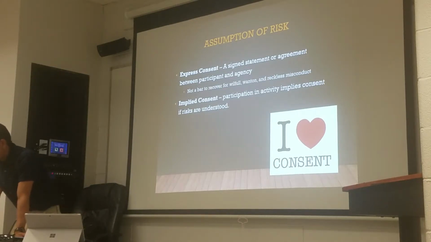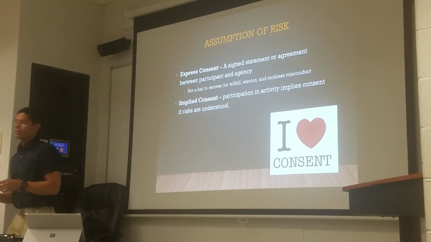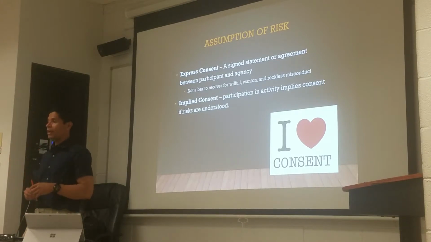All right. When it comes to implied consent, the defendant is not totally relieved from liability, but the defendant may become just part of a comparative negligence case. Does that make any sense? What that means is that, okay, I'm a seasoned player in whatever sport, and I'm participating in this game.